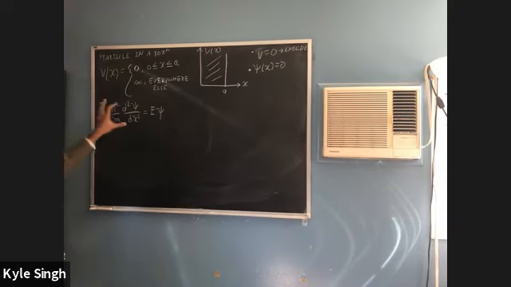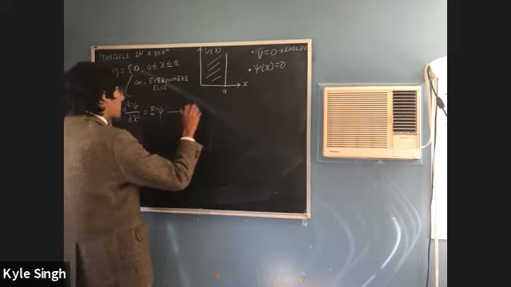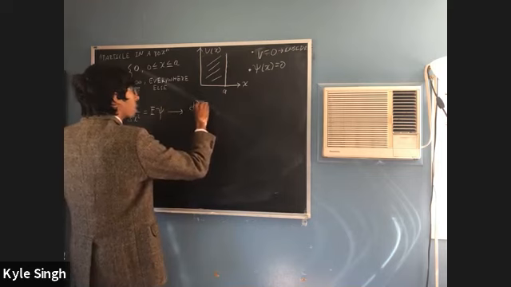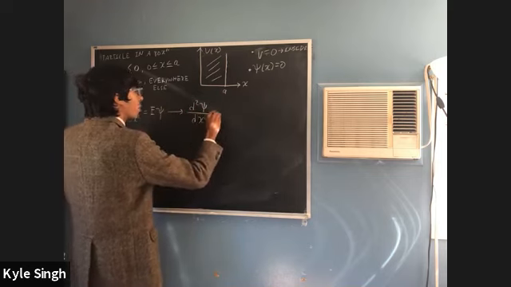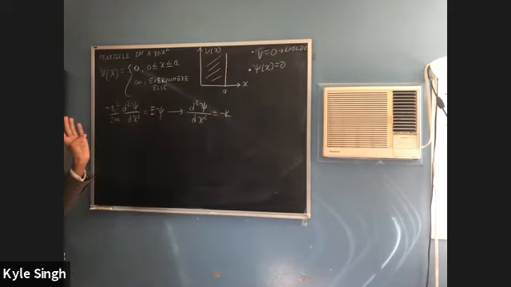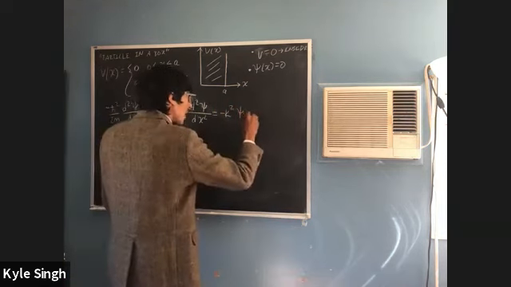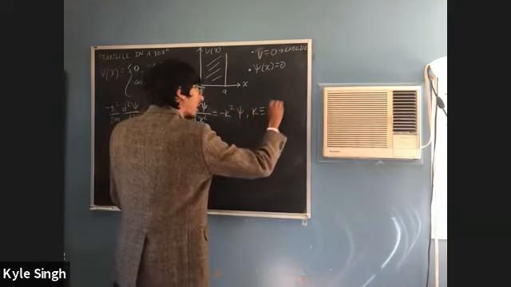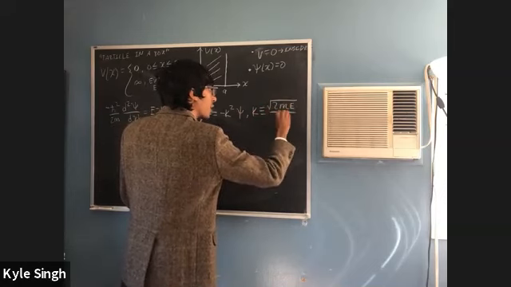I'm going to write this in a very suggestive way now. I'll make it clear why I did it this way: d2 psi dx squared equals minus k squared psi, where k is equal to the square root of 2mE over h bar.